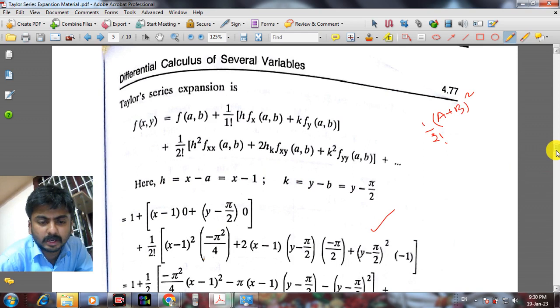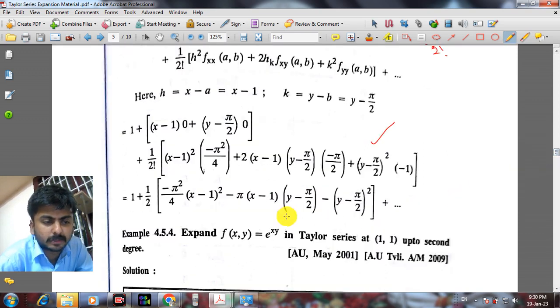So we have the expansion 1 plus 1 by 2 minus pi square by 4 of x minus 1 whole square.